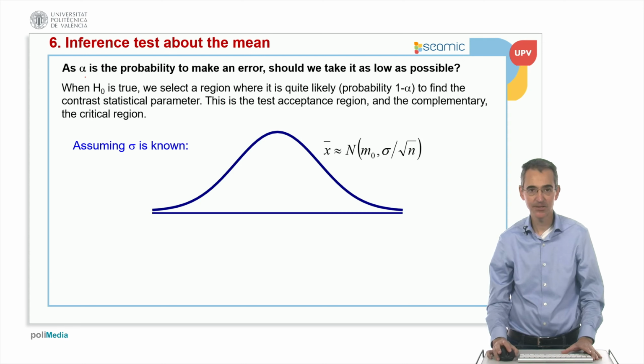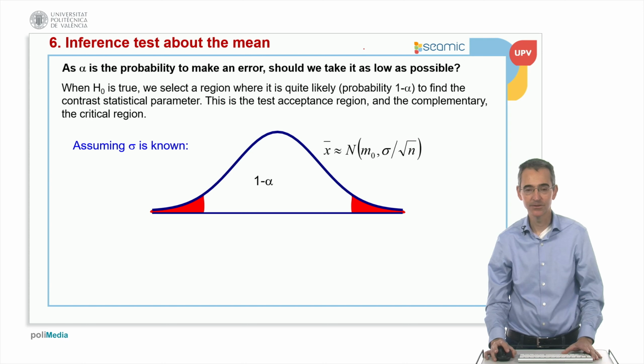Assuming that sigma is known, which in practice never happens, but this is a theoretical consideration, this would be the distribution of the sample average. The sample average follows a normal distribution. The mean is the mean of the population, and then we have sigma divided by the square root of n.